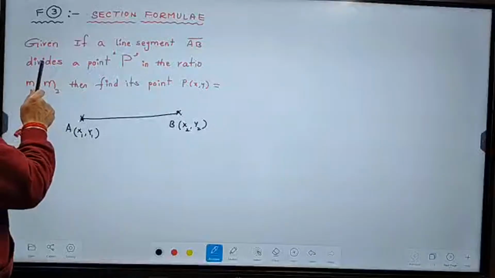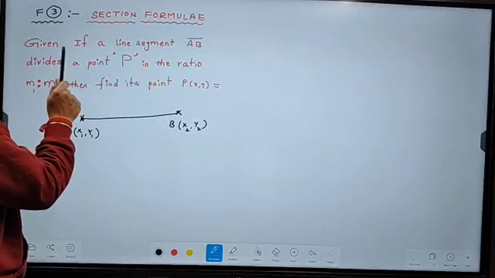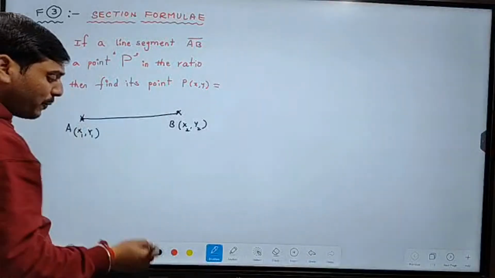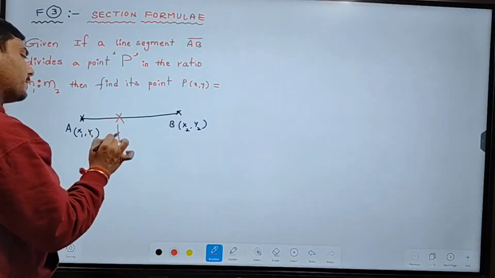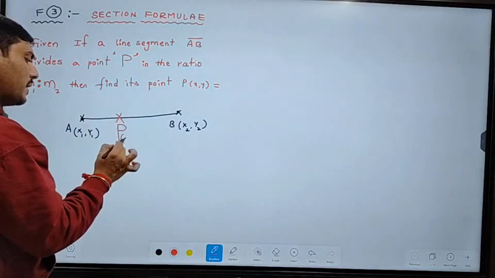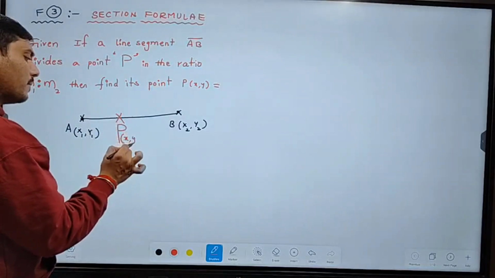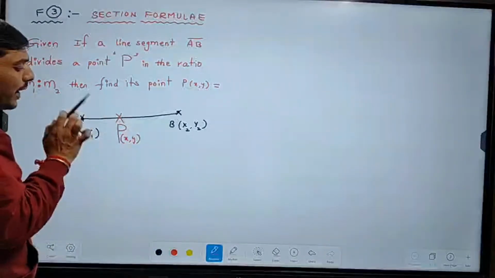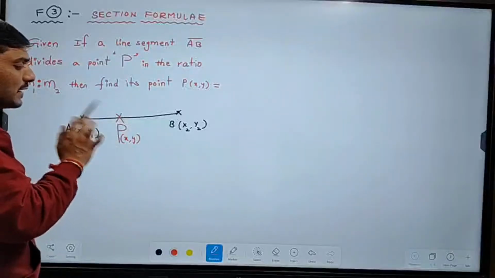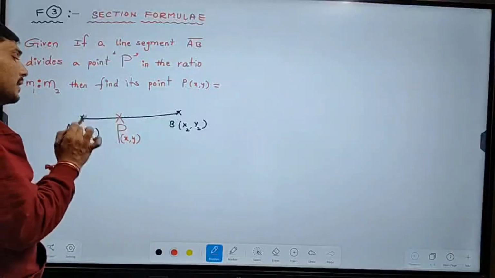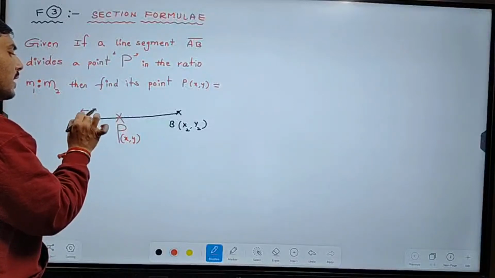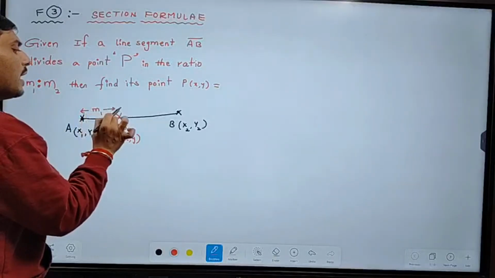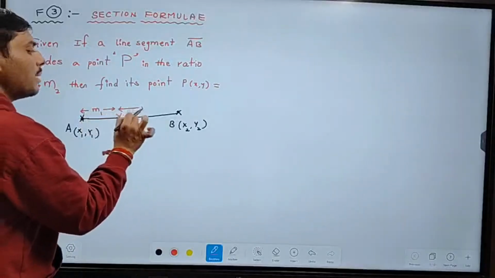And one more story is there. That line segment is divided by a point P. One of the points here, that point P(x, y). This point P divides the line segment in the ratio m1 and m2.